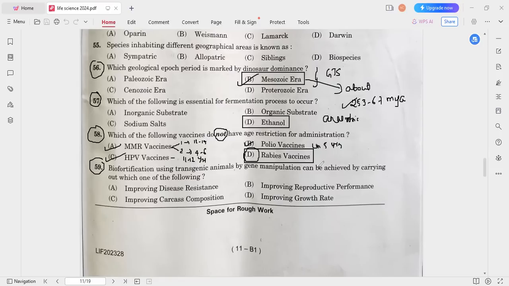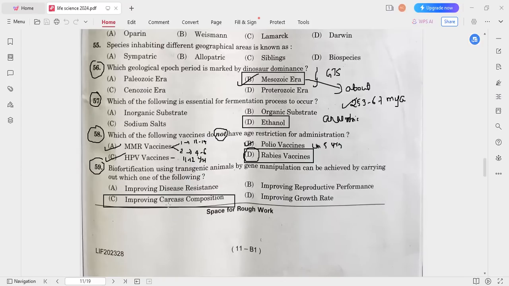That is what is called biofortification. Here it is used in transgenic animals. So the answer for this question is improving carcass composition.